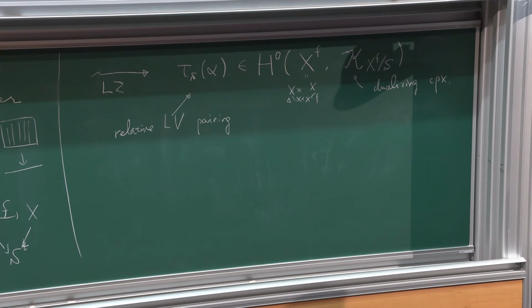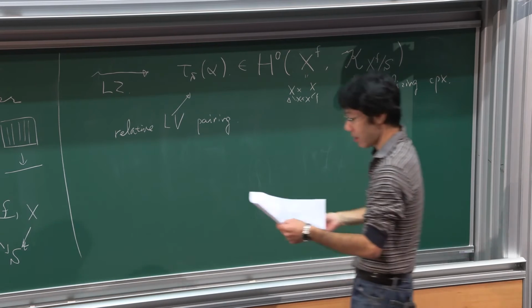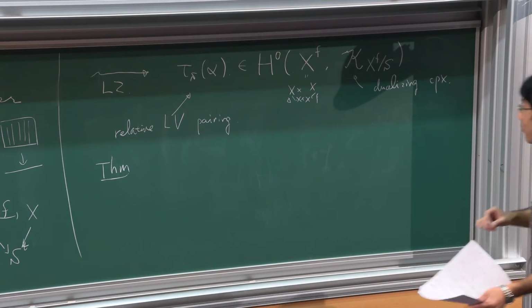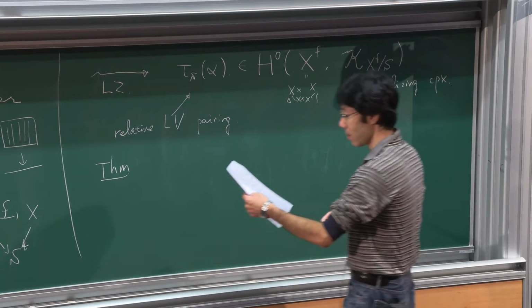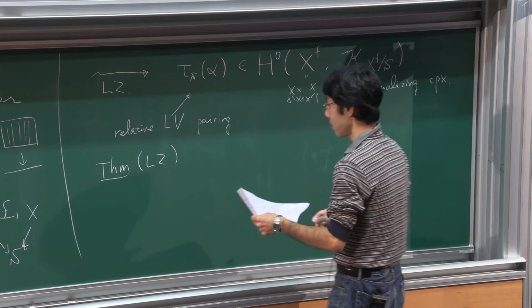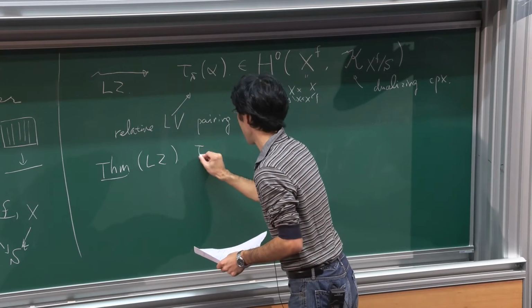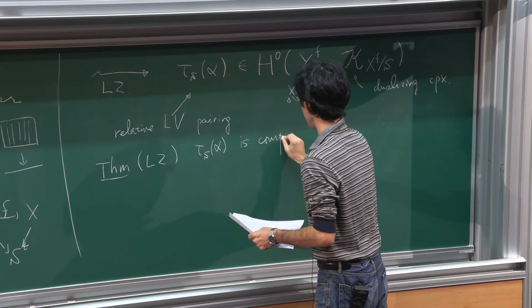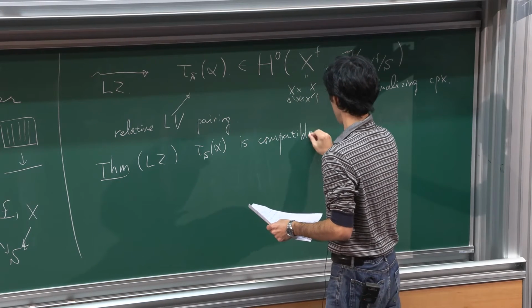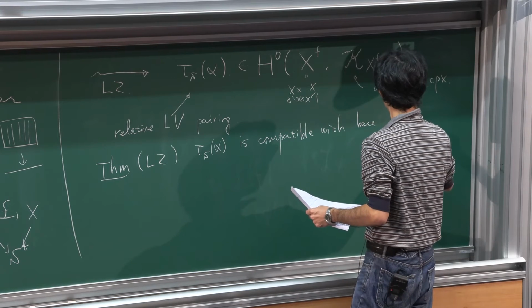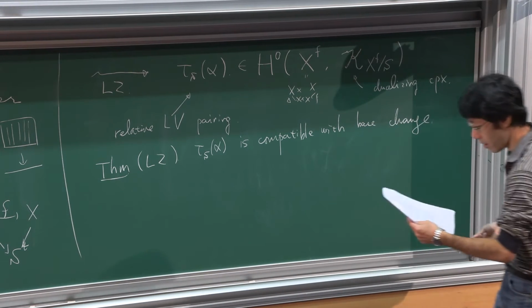Abe and Saito are saying that this is really related to a sort of Swan conductor. But I'm not talking about the relation with the Swan conductor today. The theorem that I want to use, the one in Liu and Zhang, is that this tau S of alpha is compatible with base change. What does it mean?